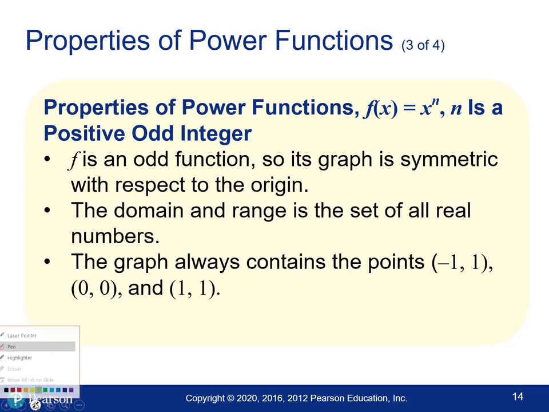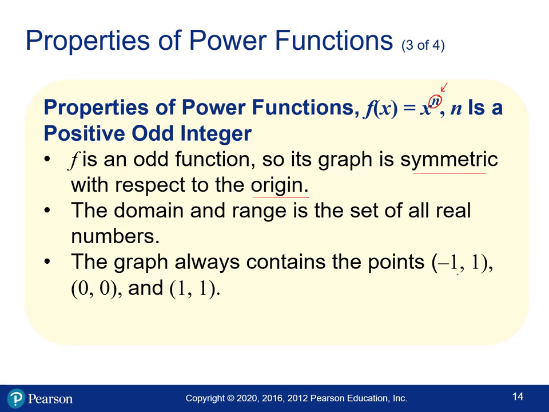Okay, so now let's take a look at what happens when it's odd. For an odd power function, so same function, but now this number is odd, it's now symmetric with respect to the origin. So your points look like they kind of mirror across the origin. Domain and range is all real numbers.